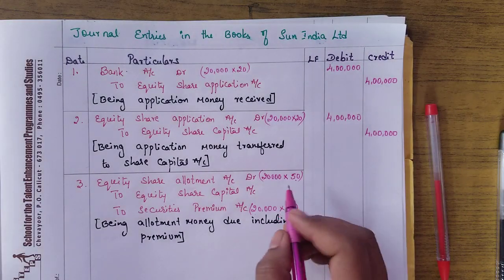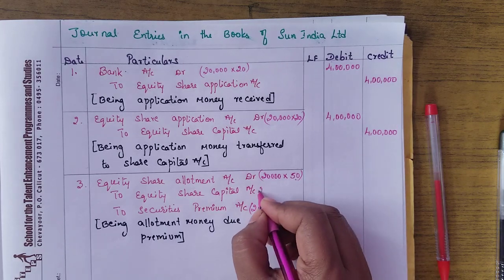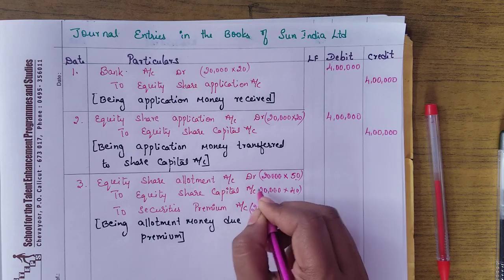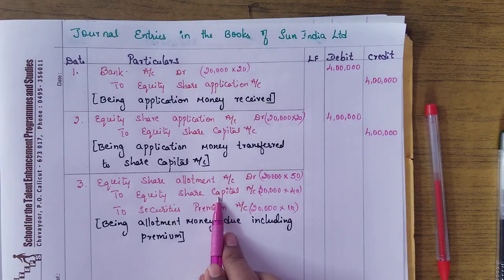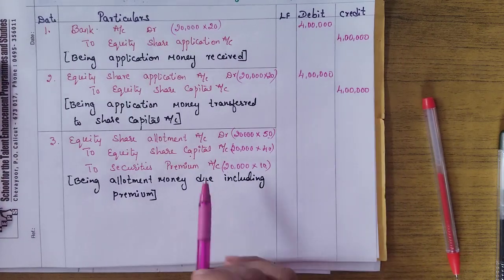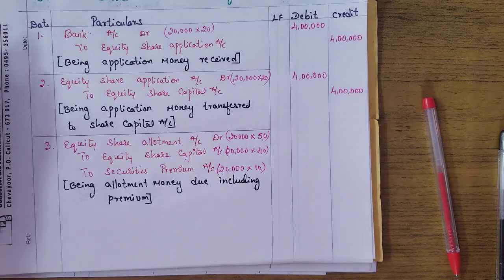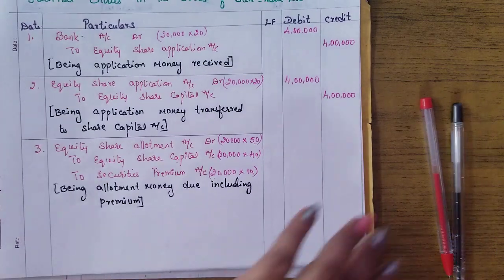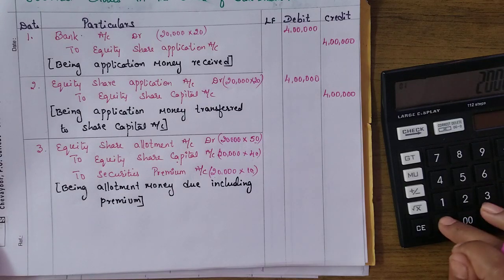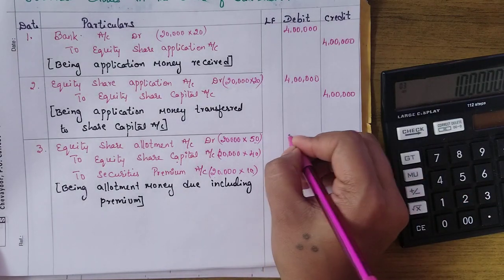So 50 minus 10, the remaining 40 is the actual allotment amount, which is transferred to the share capital account. When transferring to share capital account, the actual allotment money will be transferred. So calculation of this, 20,000 into 50, it is 10 lakhs.